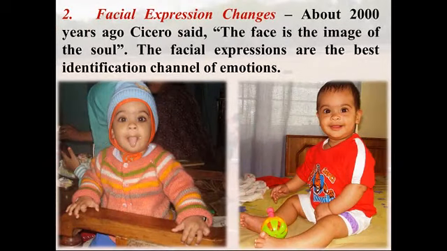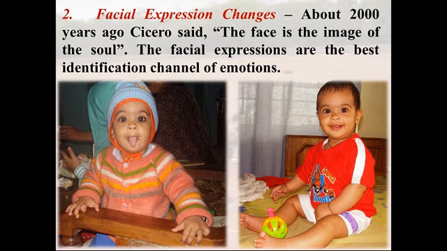So the second external body change is, dear friends, facial expression changes. You see the two images of two children. This is a very wonderful image clicked by someone, and this is the same baby, smiling with a very beautiful facial expression. So why do facial expressions change, dear friends?